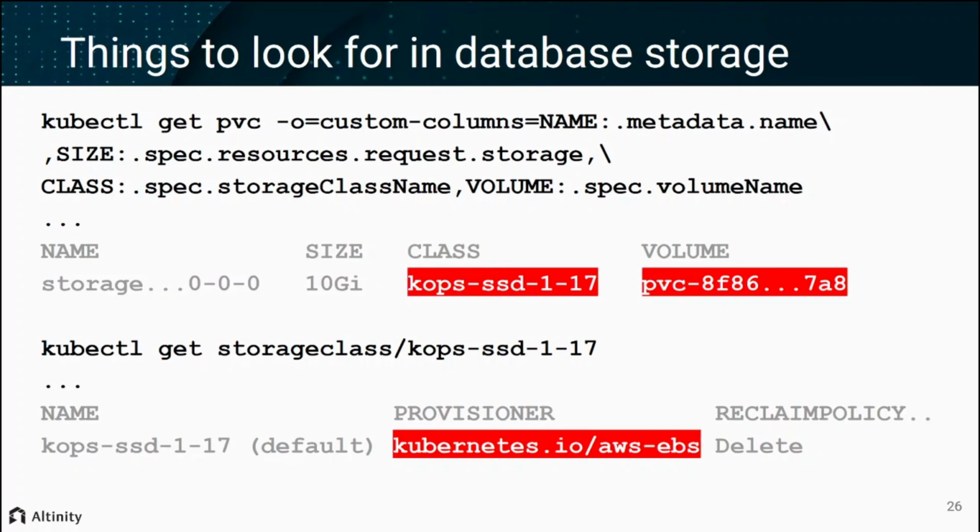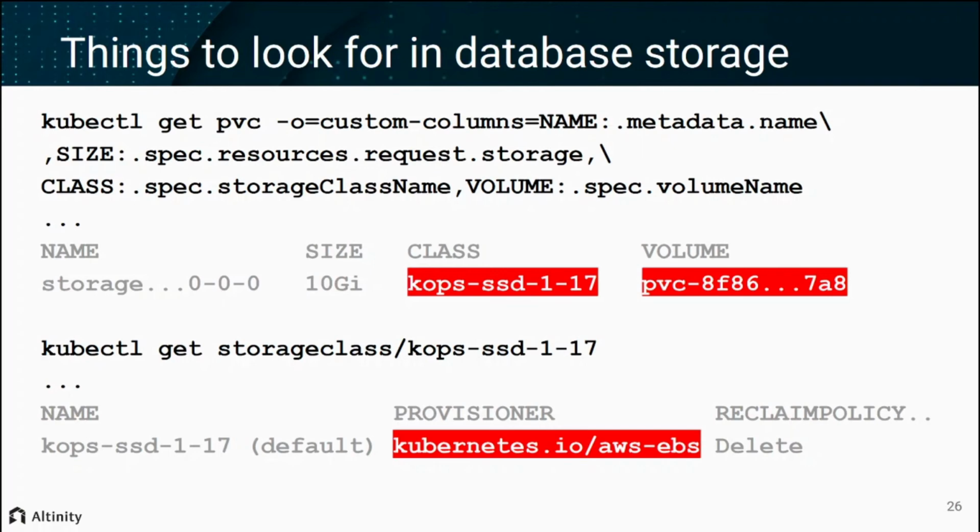That's the storage class for kops running Kubernetes 1.17. That looks pretty good. Moreover, under volume, we see there's a real PV out there. So a persistent volume has been allocated. We could actually check that using a get pv command.